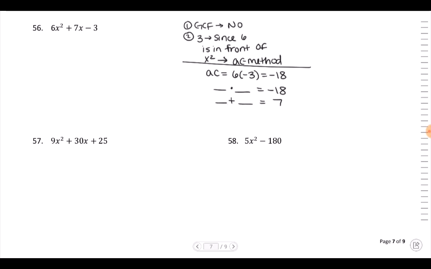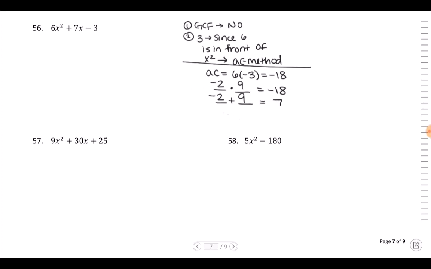Okay, so 1 and 18 don't work, 2 and 9, I think 2 and 9 are going to work in some form. One of them has to be negative. Well, if they have to add to a positive number, that means my bigger number has to be positive. So my 9 has to be positive, negative 2. If I do 9 and negative 2, that adds up to 7, right? Negative 2 times 9, yeah, that's negative 18.